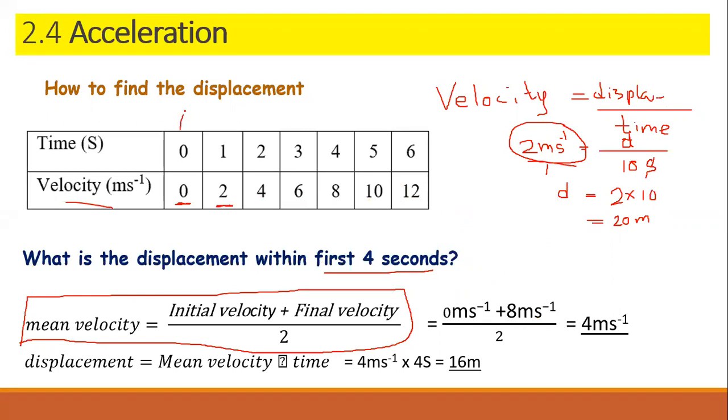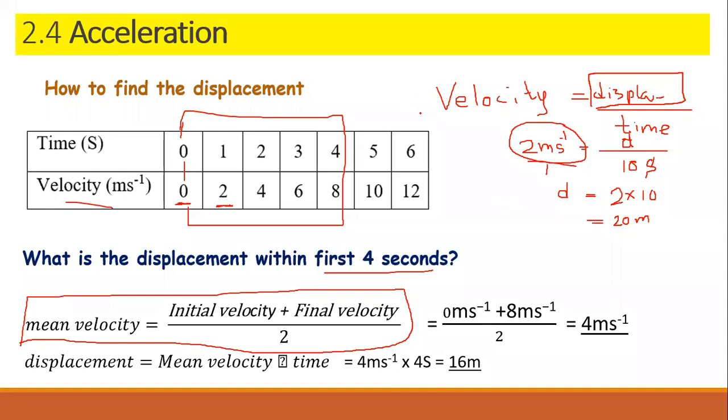So we have to think about this time interval only. He has moved another 2 seconds, it's okay. But the question asks us, what is the displacement done in the first 4 seconds? So we have to find the mean velocity at that time and take the displacement done in that particular time interval with that mean velocity.